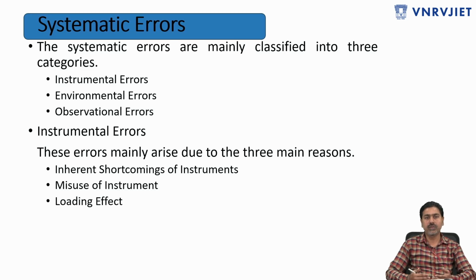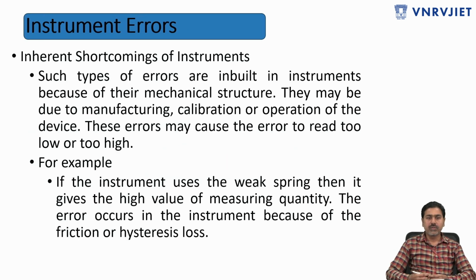And also due to the loading effect, when you take the reading, because additional instruments or components or measuring device loads will be added to the circuit or to the other parts of the instrument, you will get the error. So the inherent shortcomings of instruments are errors because of manufacturing defects.